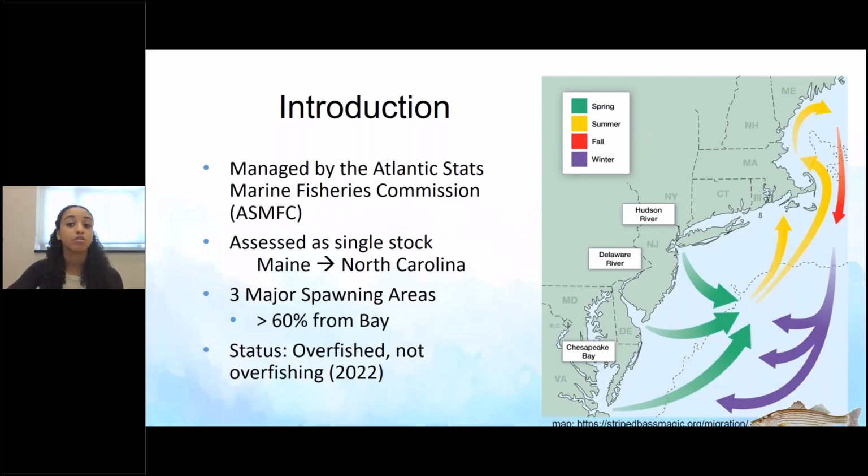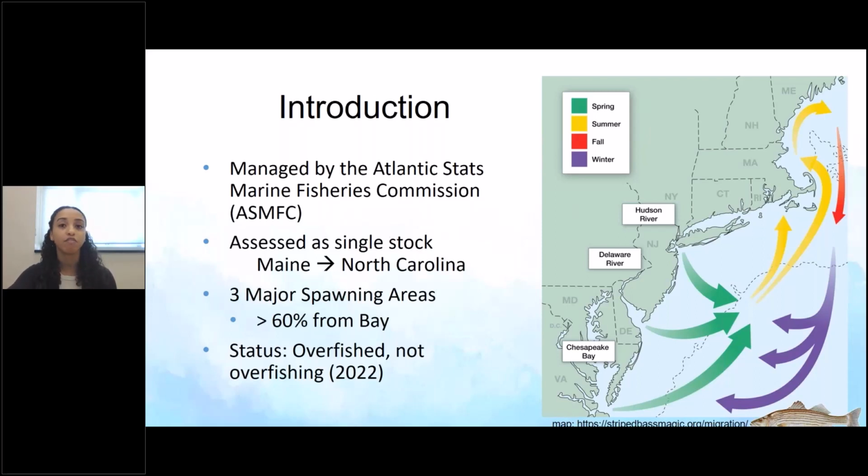But the Chesapeake Bay is definitely the most productive spawning area for this population, and studies show that at least 60% of the Atlantic coastal fishery comes from the Chesapeake Bay stock every year. In the late 1980s, this population was considered to have collapsed, and a moratorium was placed on the Chesapeake Bay fishery.